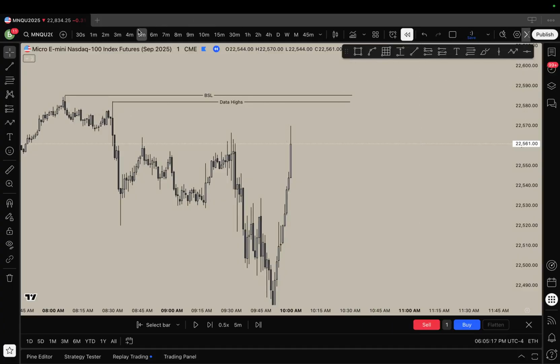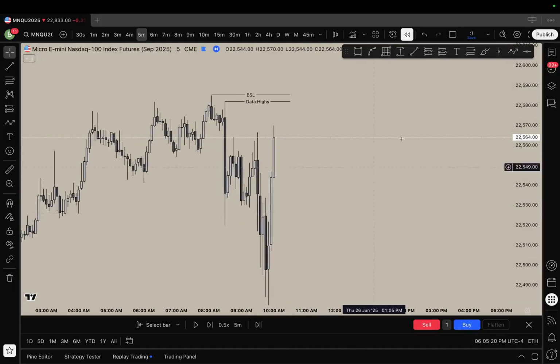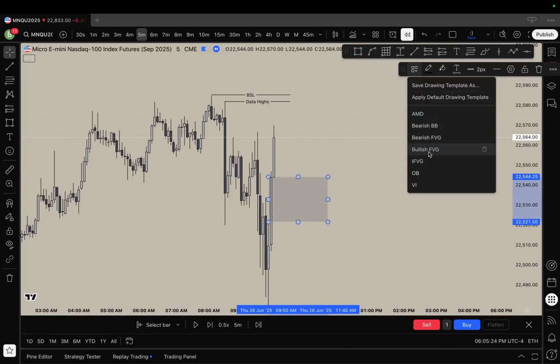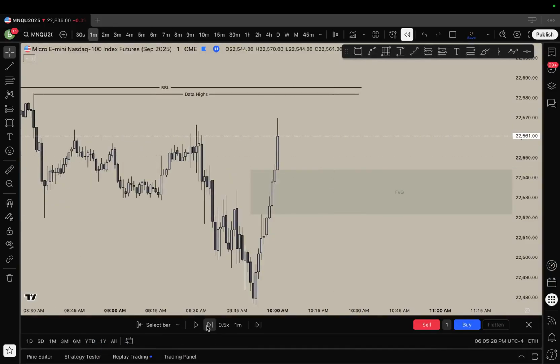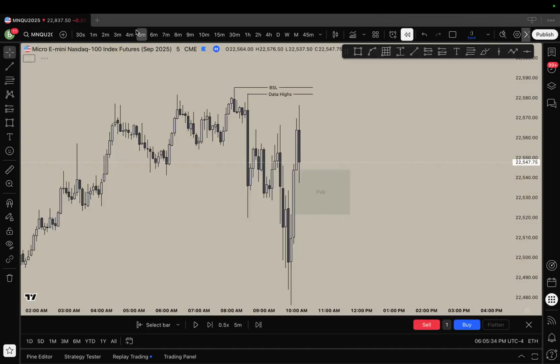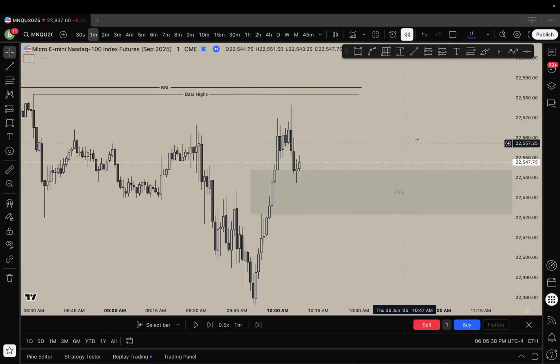What you want to be looking at is a 5 minute or 15 minute fair value gap. So in this leg, we only have one 5 minute gap to go off of, right? And this is great because we don't need to wait for a discounted one or anything like that, and we don't have to worry about that being unmitigated. So from here, we still have data highs intact, and we tap into this 5 minute gap, right? It is not necessary for price to sweep liquidity here, right?